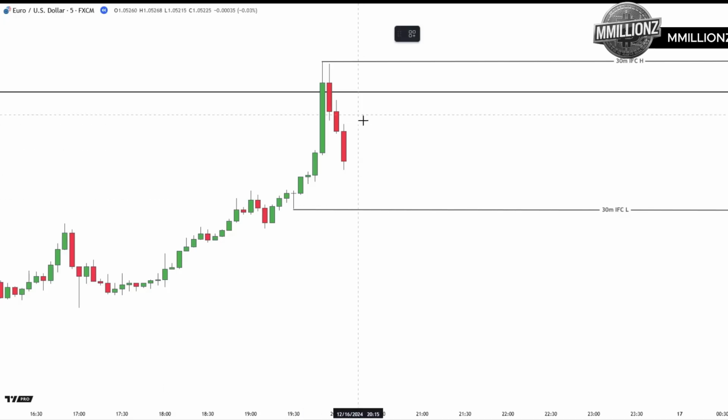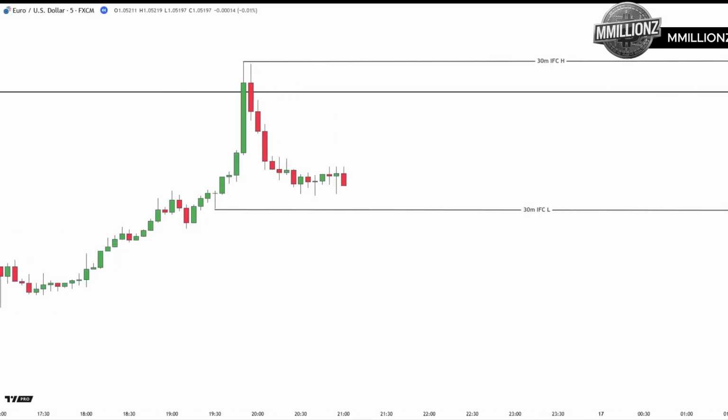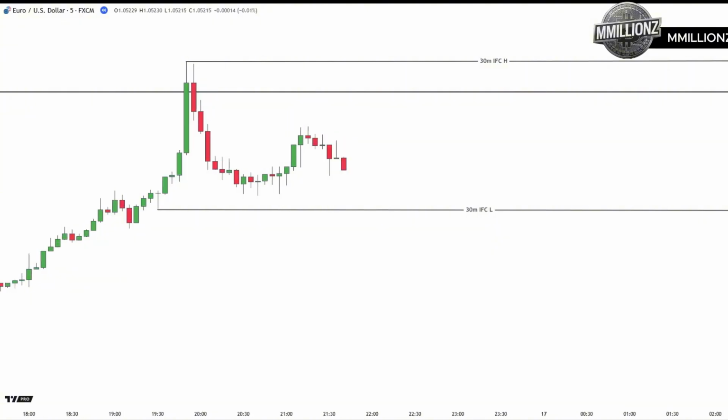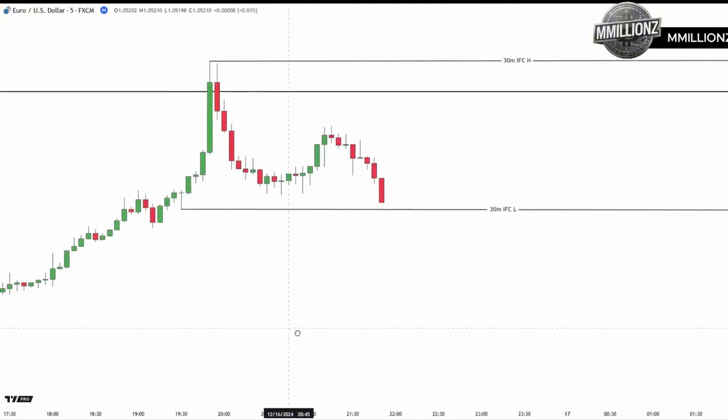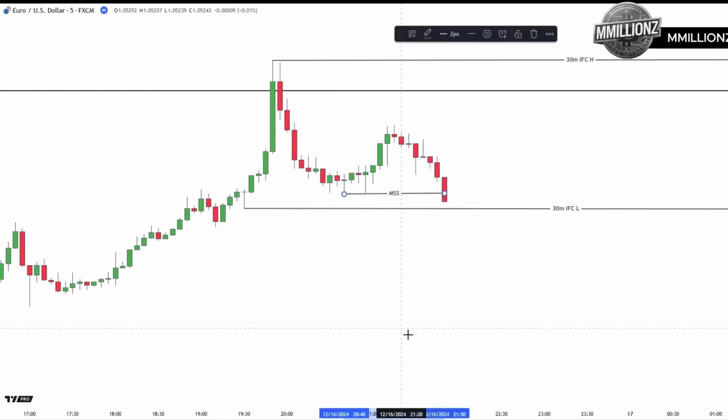As you can see, the price continues to drop, confirming the IFC candle. Here, we notice that the price has created a market structure shift and formed a PD array.